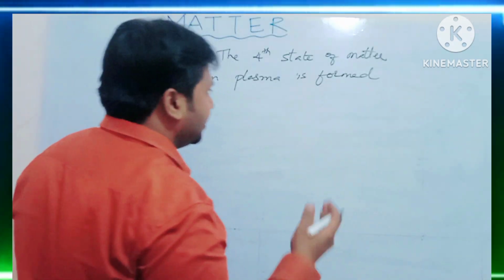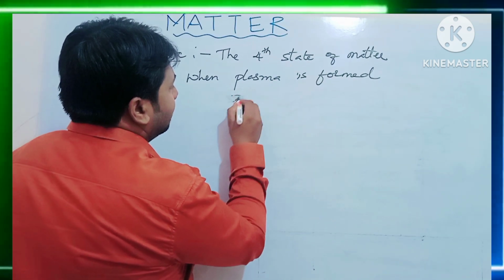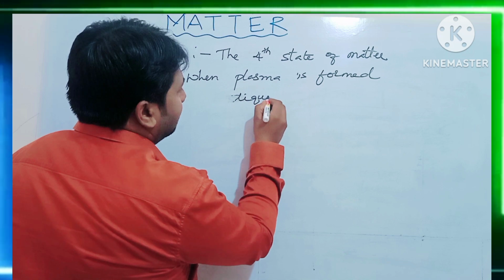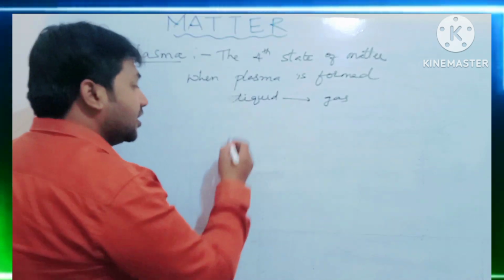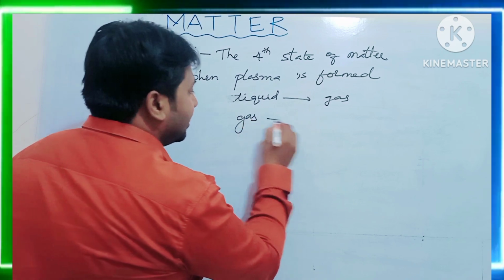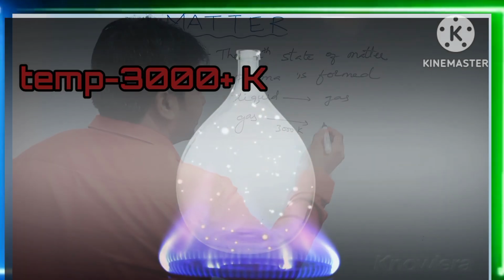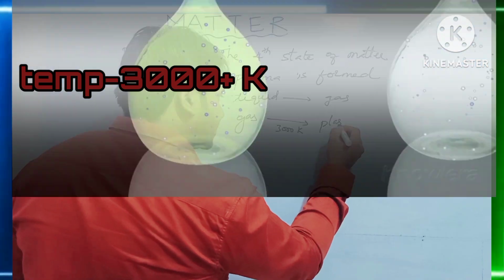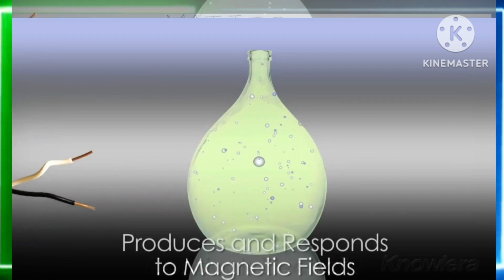So let me make it very easy. If we heat liquid, it changes to gas. When we heat gases more than 3000 Kelvin, it becomes plasma. What does it become? Plasma.